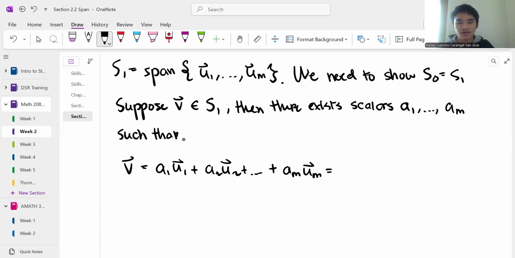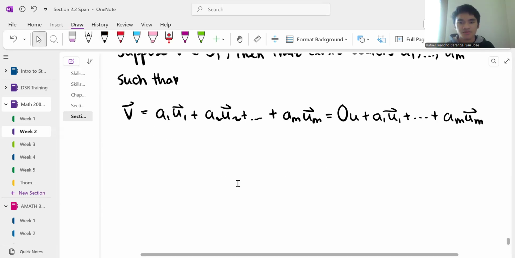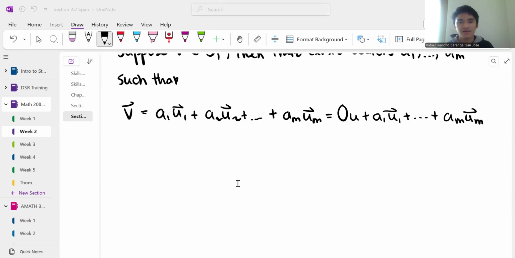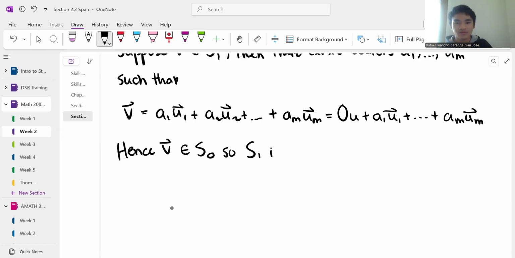The same thing as 0 of u plus a sub 1 u sub 1, all the way to a sub m u sub m. Now what's happening here? Here we can say that the vector v is also in S naught. So S sub 1 is a subset of S naught.